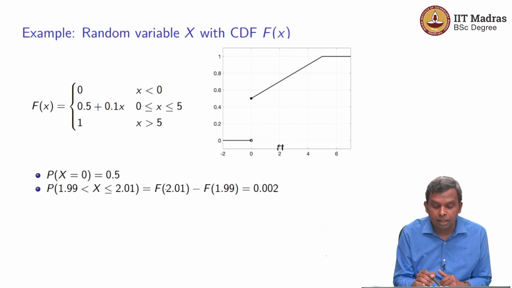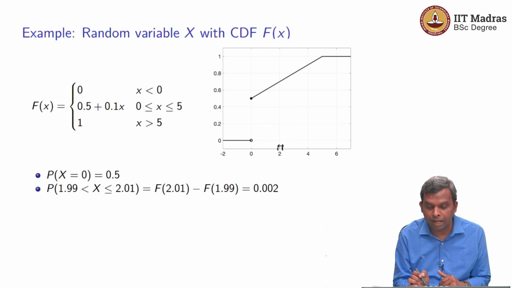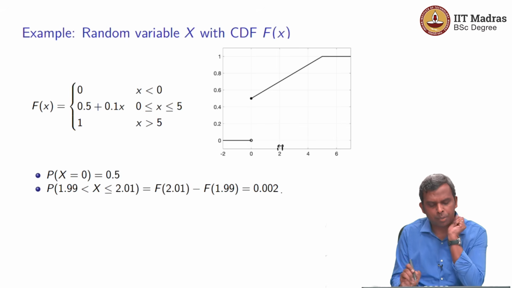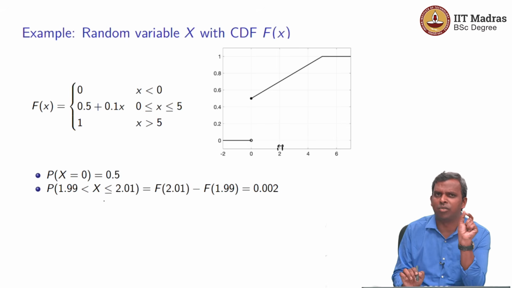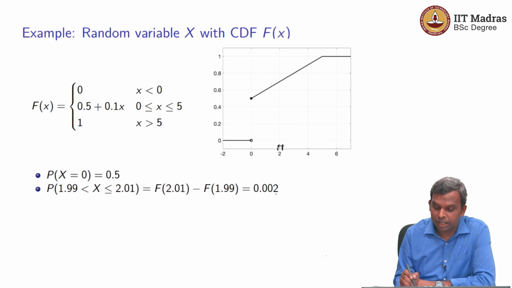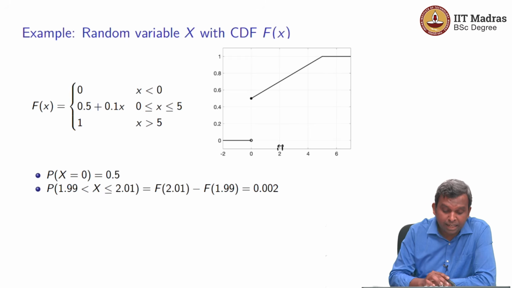This is an interval, so I can just do F(2.01) minus F(1.99). If you plug that in, you get 0.1 times (2.01 minus 1.99). That's 0.1 times 0.02, which is 0.002. It's a small probability because this interval has a small width. It's not very high, but it's non-zero. There is a non-zero probability that x falls in the interval 1.99 to 2.01.